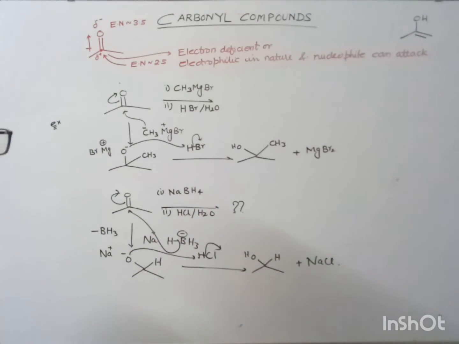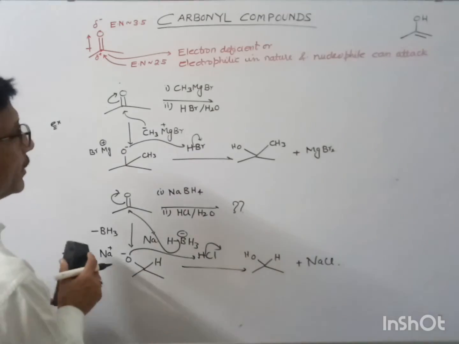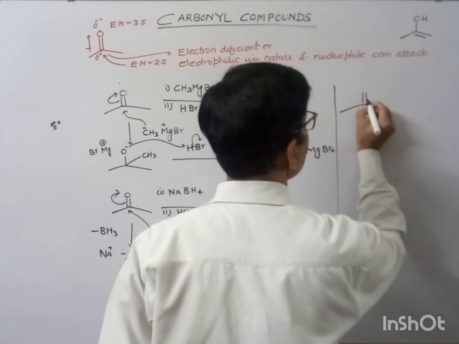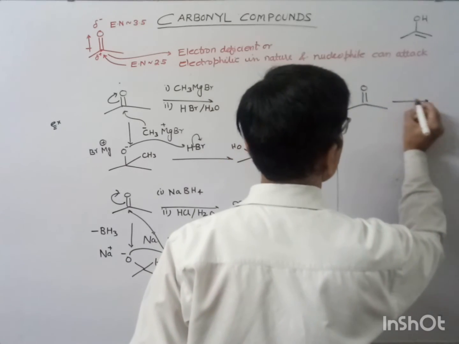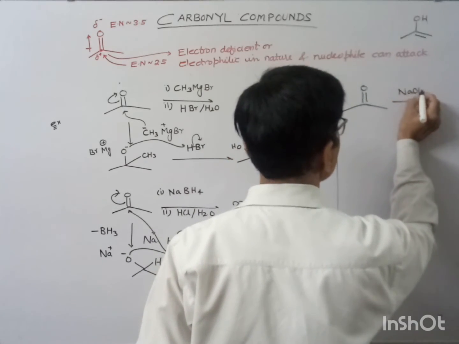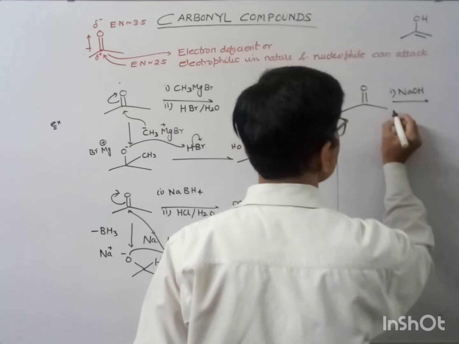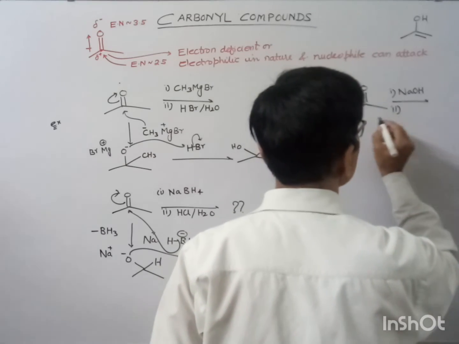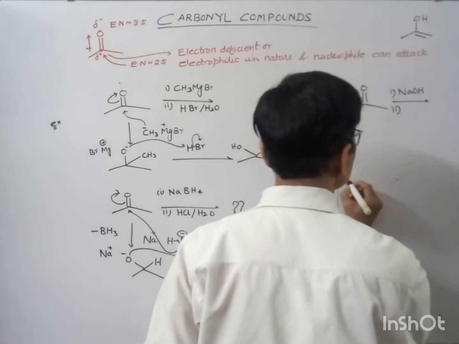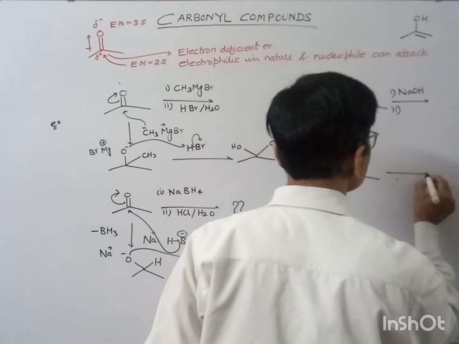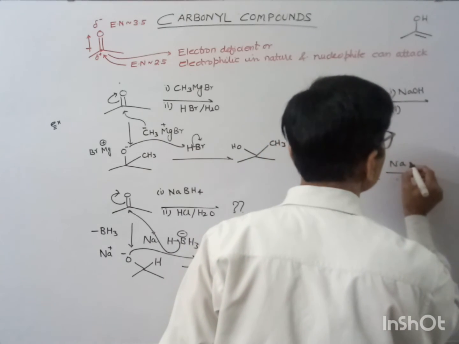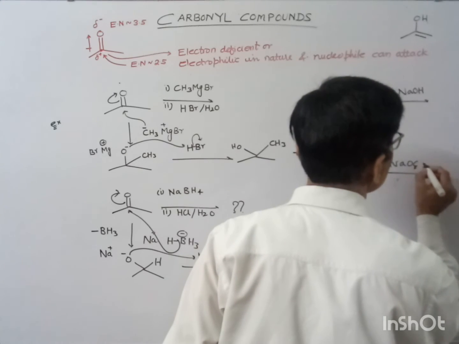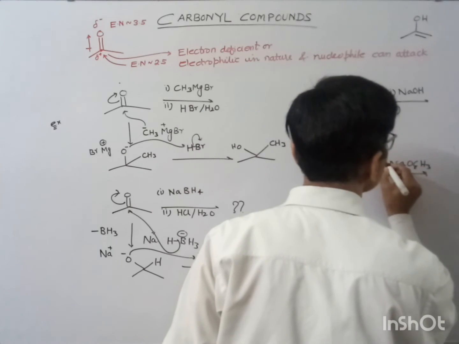Okay, so these are the two examples. In the same way, we may do the reaction with others. Suppose you have a carbonyl and in presence of NaOH we may do the reaction, and so what would the product be in this case? In the same way, we may do the reaction in presence of sodium ethoxide or sodium methoxide.